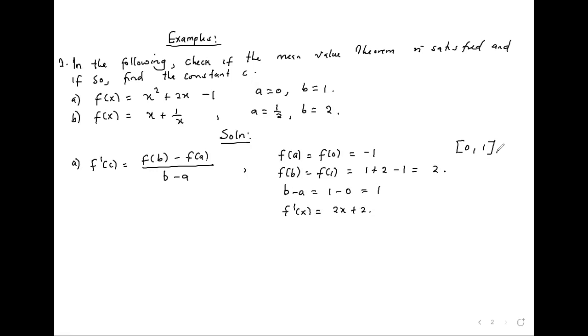So now f prime of c is going to be 2c plus 2, and it should be equal to f of b minus f of a over b minus a. f of b is 2, f of a is negative 1, and b minus a is 1.